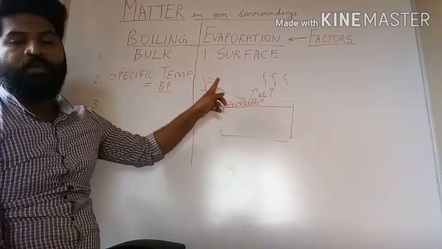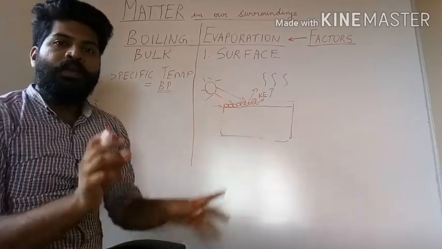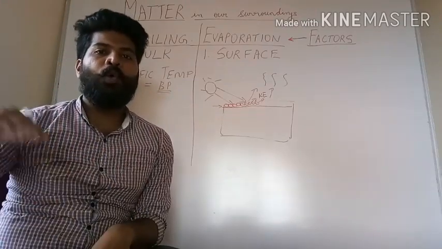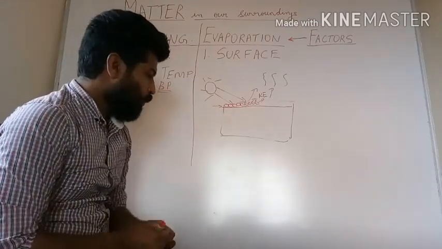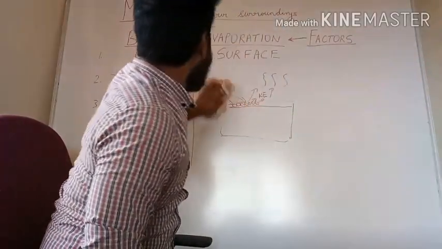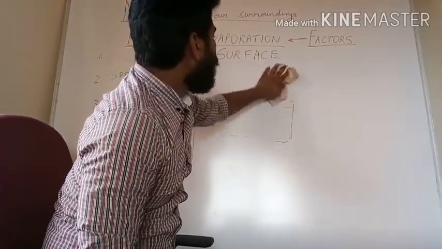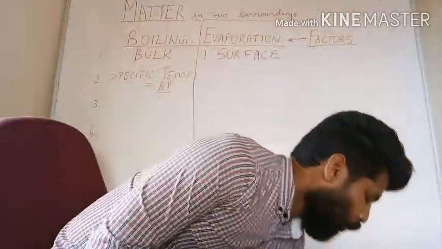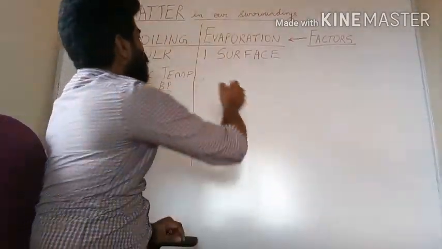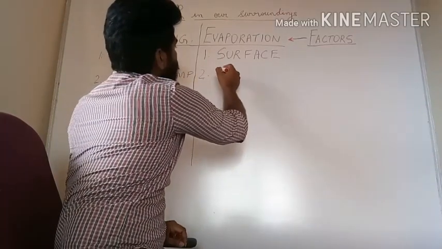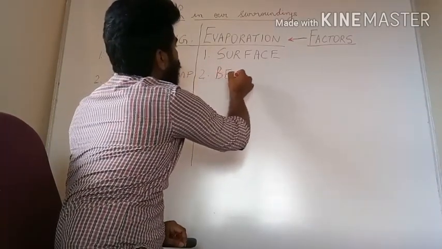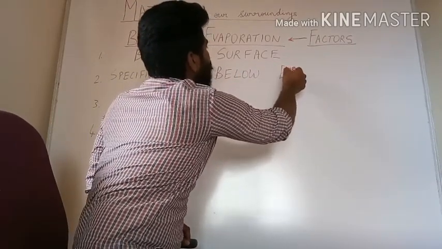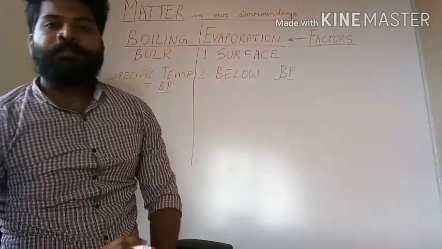But in the case of evaporation, even without reaching the boiling point, particles can undergo evaporation. So evaporation does not require any specific temperature. There is no evaporation temperature. It can occur even below the boiling point.